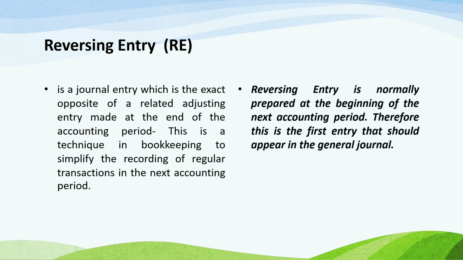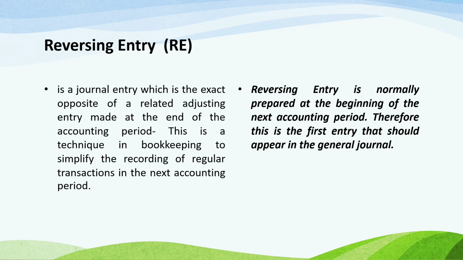Reversing entry is normally prepared at the beginning of the next accounting period. Therefore, this is the first entry that should appear in the general journal. Let me emphasize that adjusting entries are prepared at the end of the accounting period. For example, if your year is January 1 to December 31, adjusting entries are prepared on December 31.